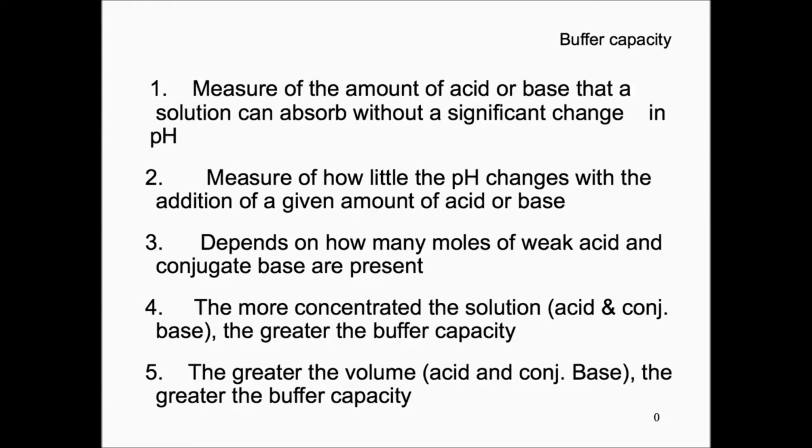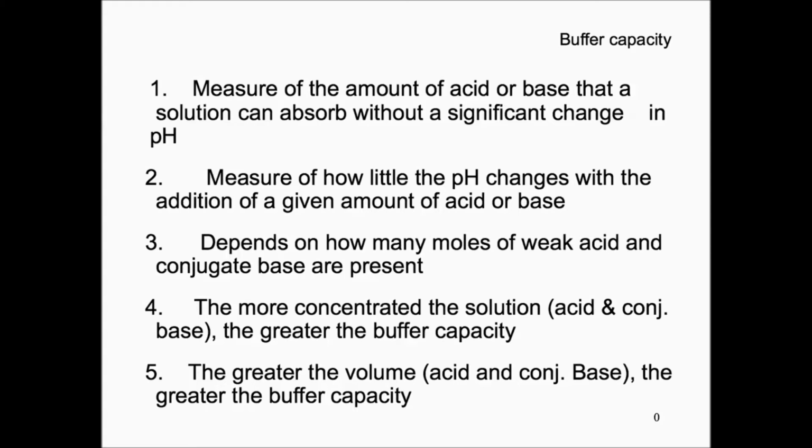And again, it depends on how many moles of the weak acid or the weak base or its conjugate, the conjugate base or the acid, are present. Higher concentrations would mean that the buffer capacity is going to be higher. Greater volume also means the buffer capacity is higher.